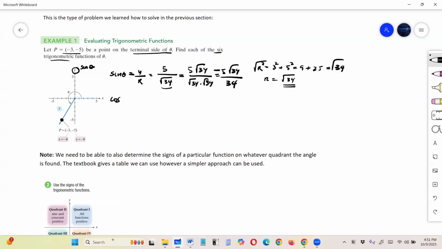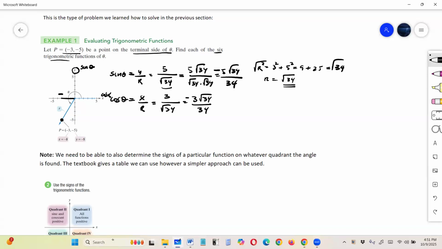Cosine theta, x over r. I know what x is. It's 3. Okay, this segment is 3. r is radical 34. So same as before, multiply by radical 34, so 3 radical 34 over 34. And again, because cosine in the third quadrant is negative, this is the axis for cosine, here's negative, this answer is negative.